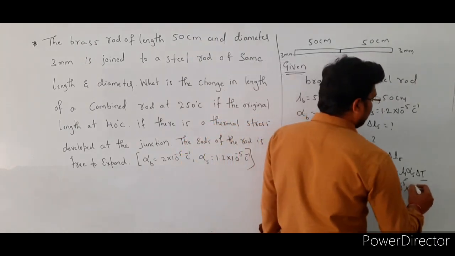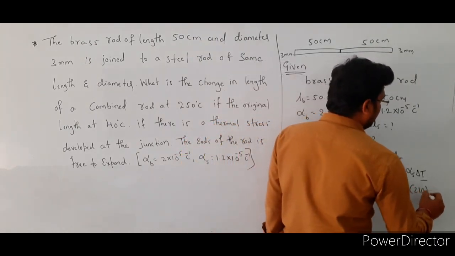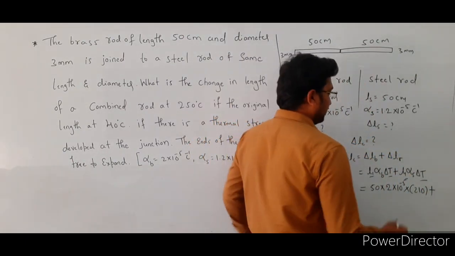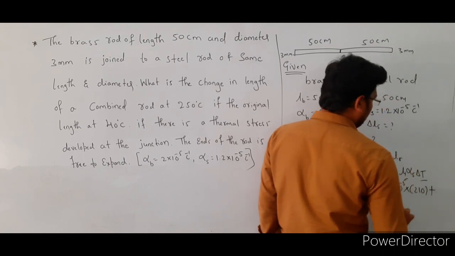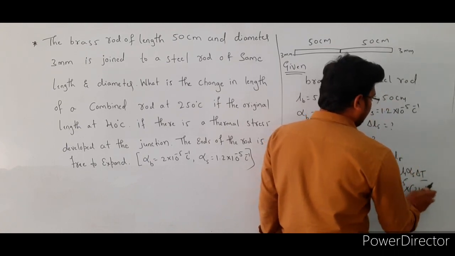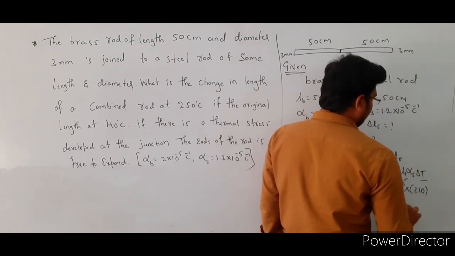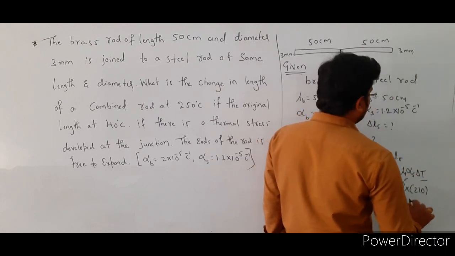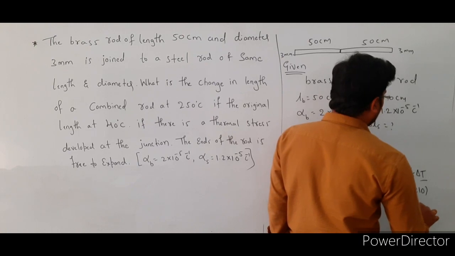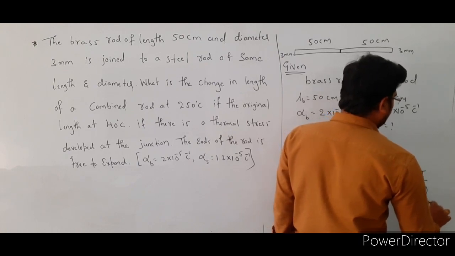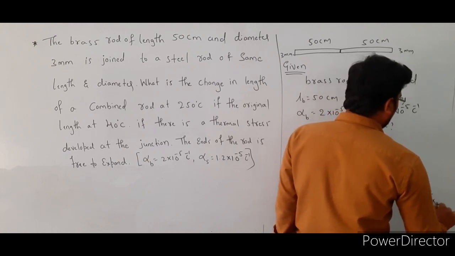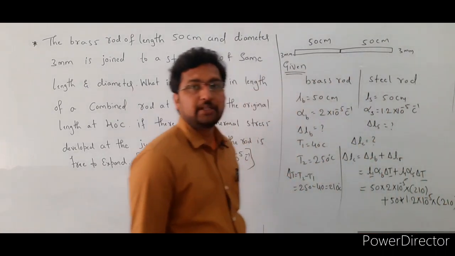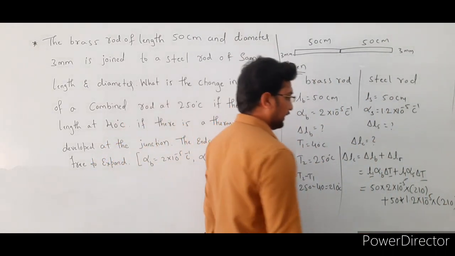Plus, the length of the steel rod, 50, into alpha suffix s, 1.2 into 10 to the power of minus 5, into change in temperature 210.